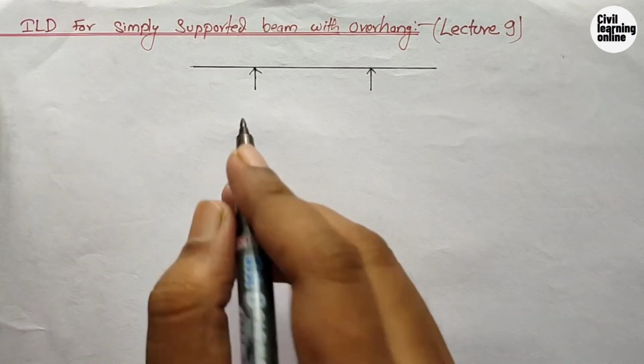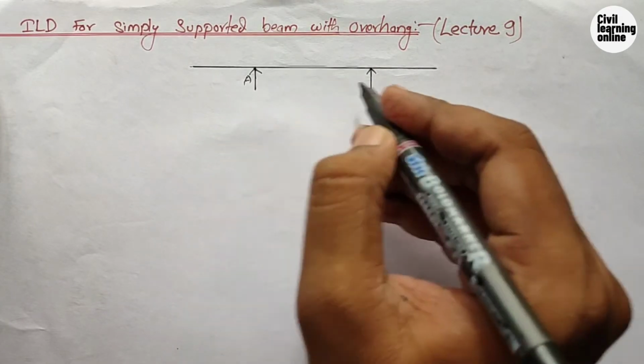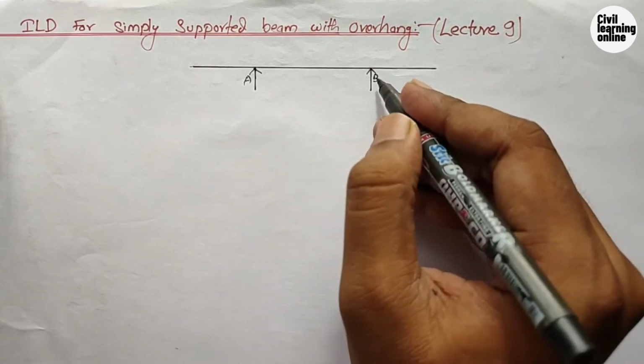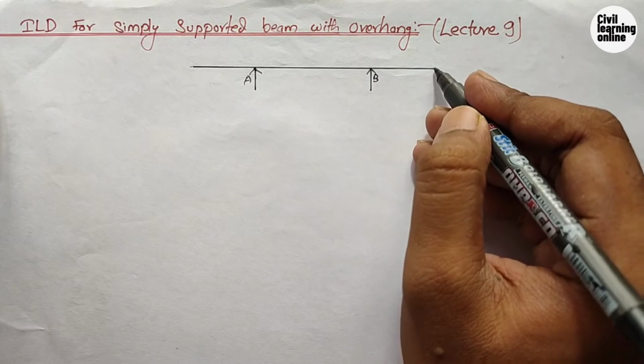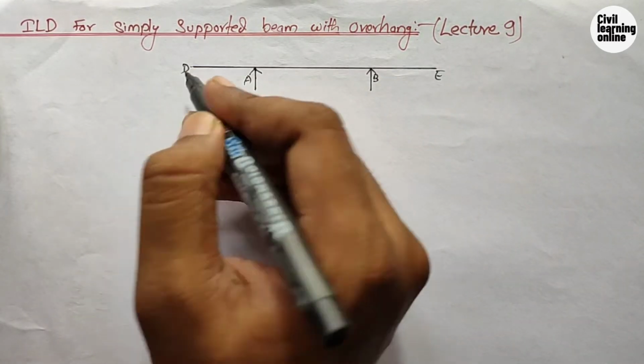So guys, here is the overhanging beam AB, and the overhanging portions are BE and AD.